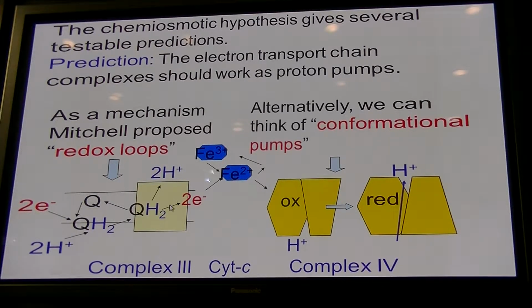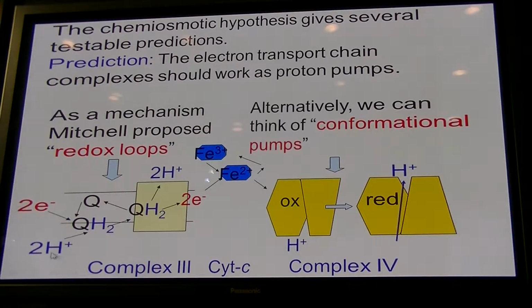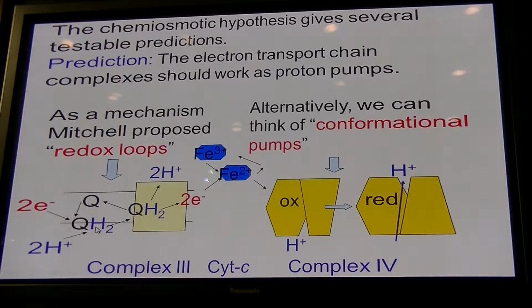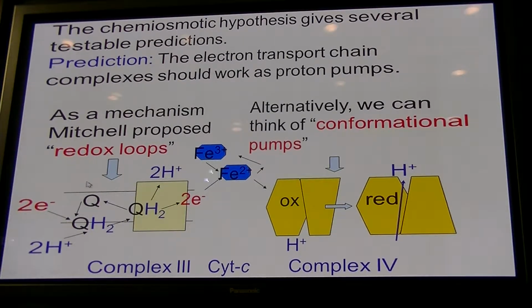There's a complex in it, that's complex 3, which accepts the electrons from the quinone. The quinone was reduced on the matrix side, where it picked up the protons and the electrons from somewhere else. It gives its electrons to complex 3, it then releases the protons on the other side. That's called a redox loop. This is how complex 3 moves protons across the membrane.